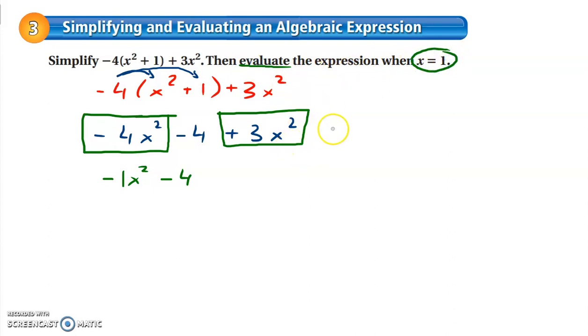So we are going to plug in 1 for x. Anytime you replace a variable with a value, put it in parentheses. So here's a 1, and everything else we're going to carry down. So then we have negative 1 in front of that, and square that, minus 4. 1 squared, exponents first before we multiply. 1 squared is 1, times 1 is 1. So negative 1 minus 4, and that is negative 5.